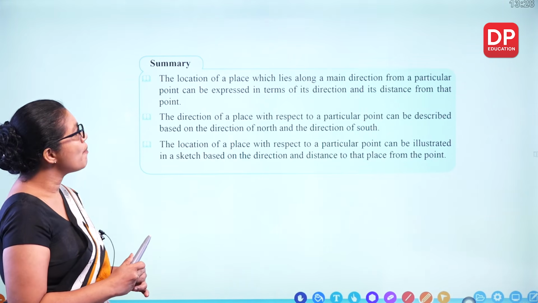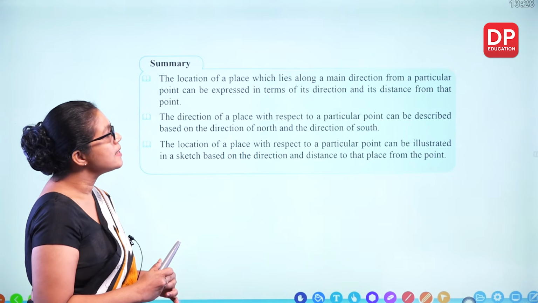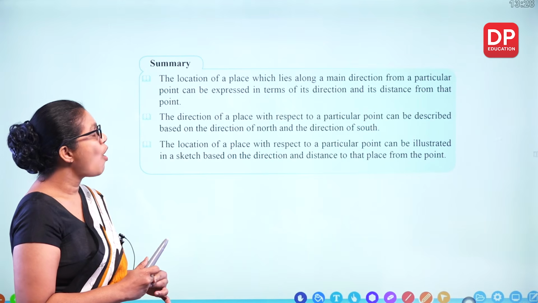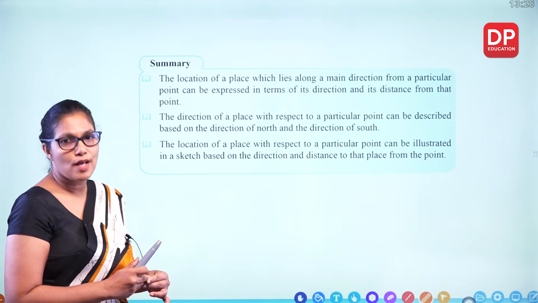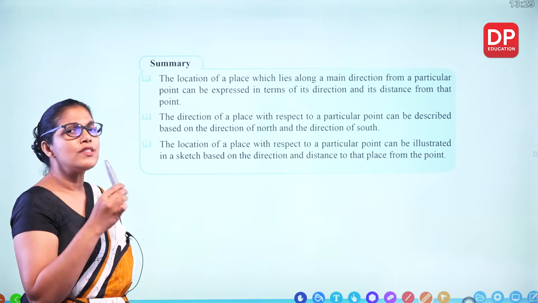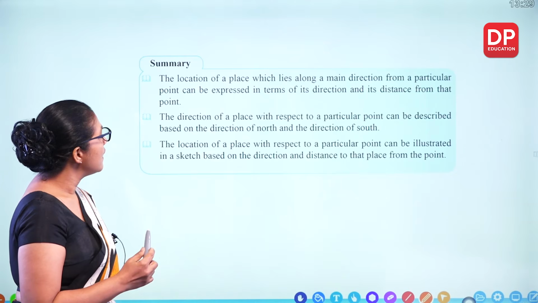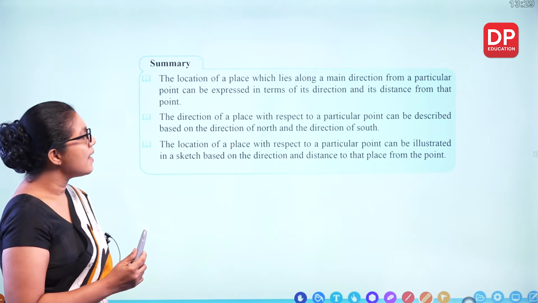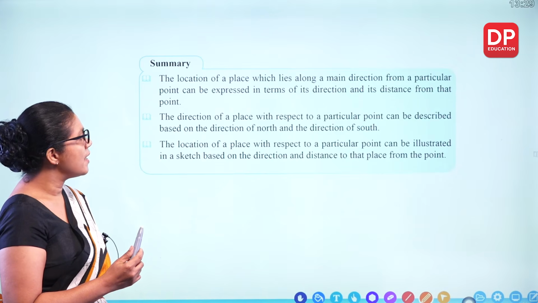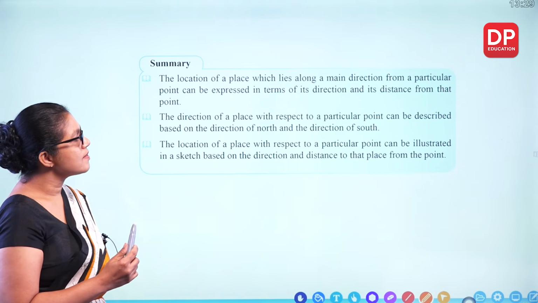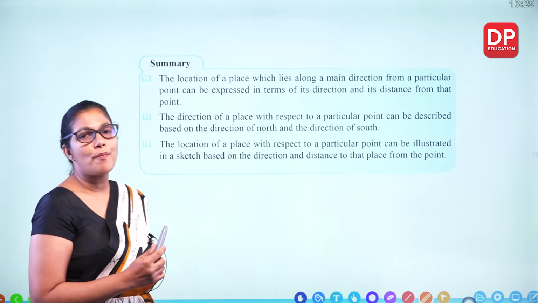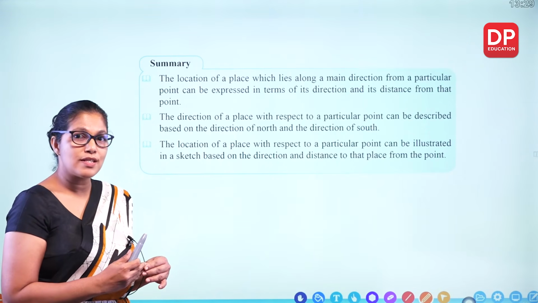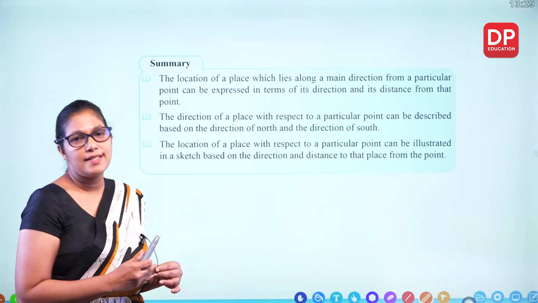The direction of a place with respect to a particular point can be described based on the direction of north and the direction of south. So normally we use north and south. The location of a place with respect to a particular point can be illustrated in a sketch based on the direction and distance to that place from the point. So make sure that you mark the directions correctly and the distance correctly.